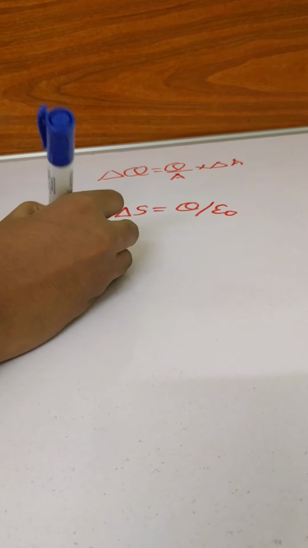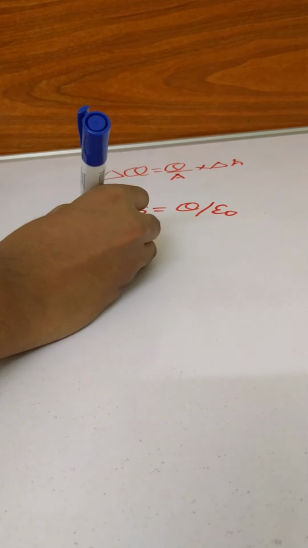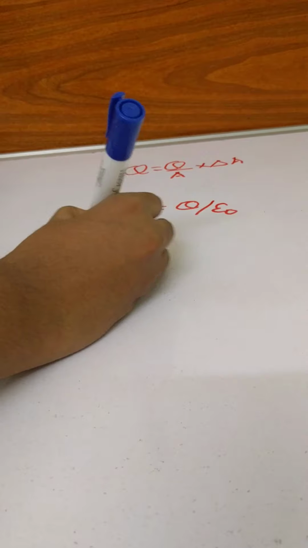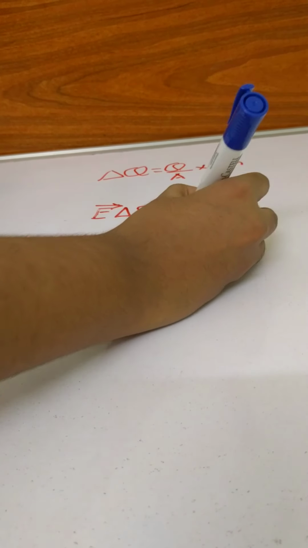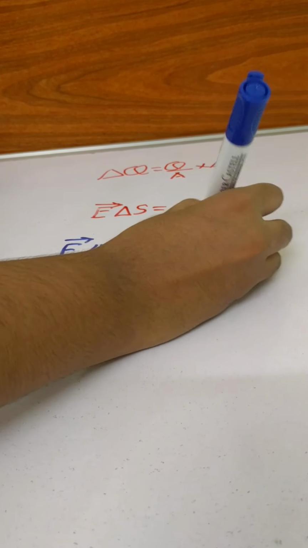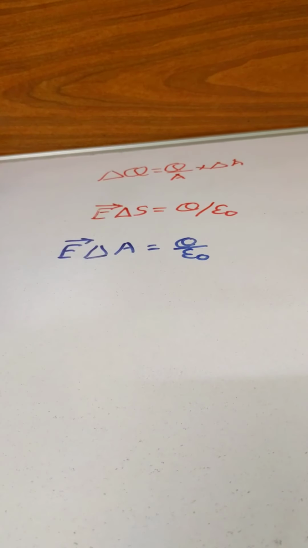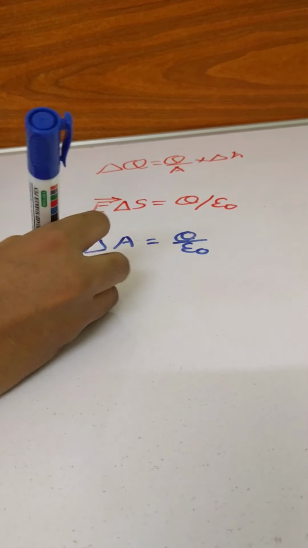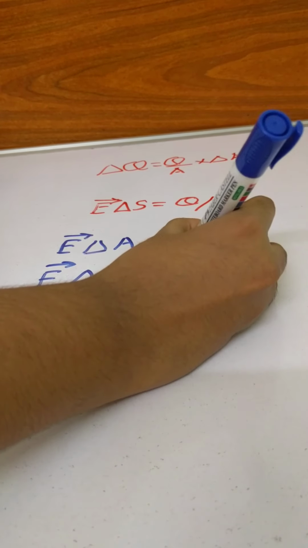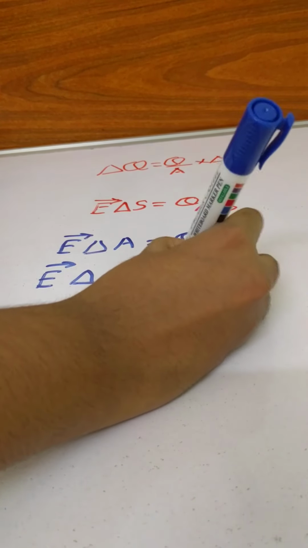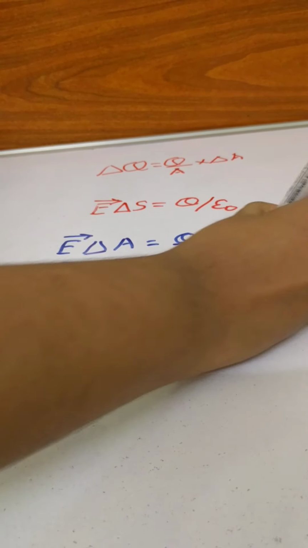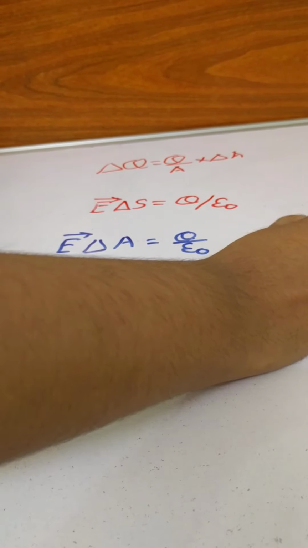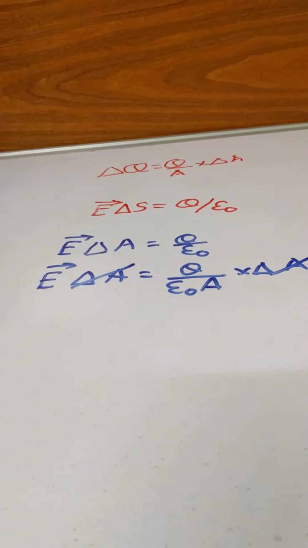See now how nicely it's working. E delta A equal to Q by epsilon naught, and I know Q equal to epsilon naught E into delta A. Okay, just cancel it.